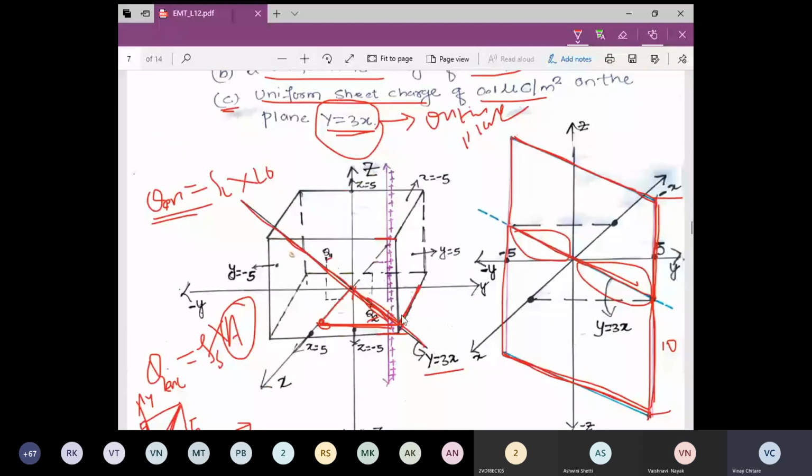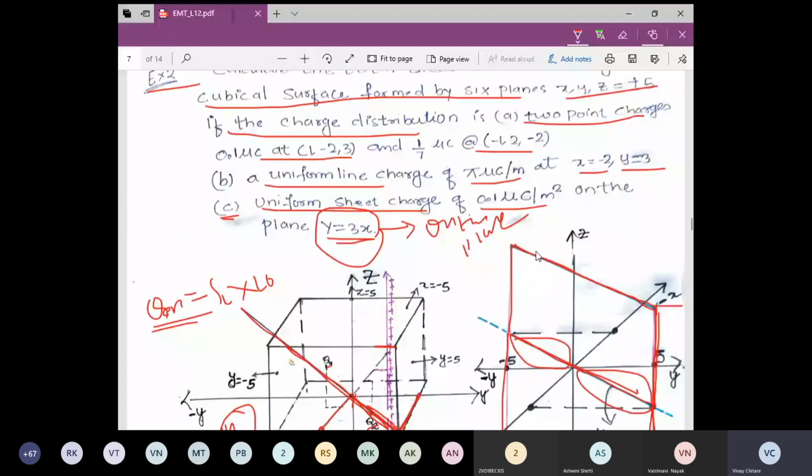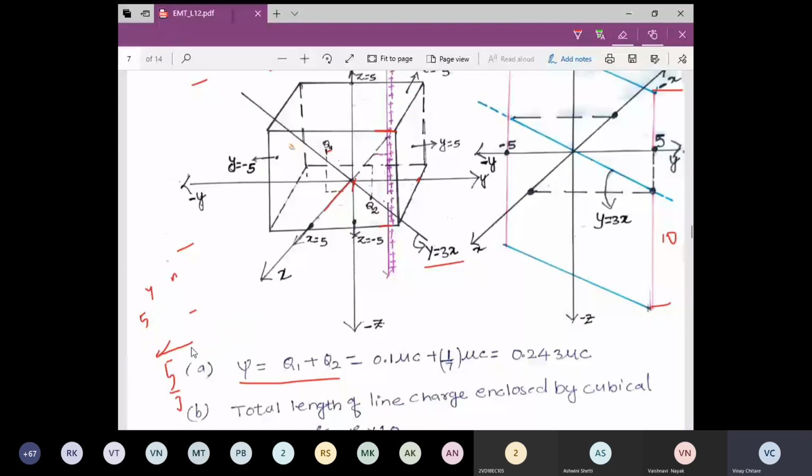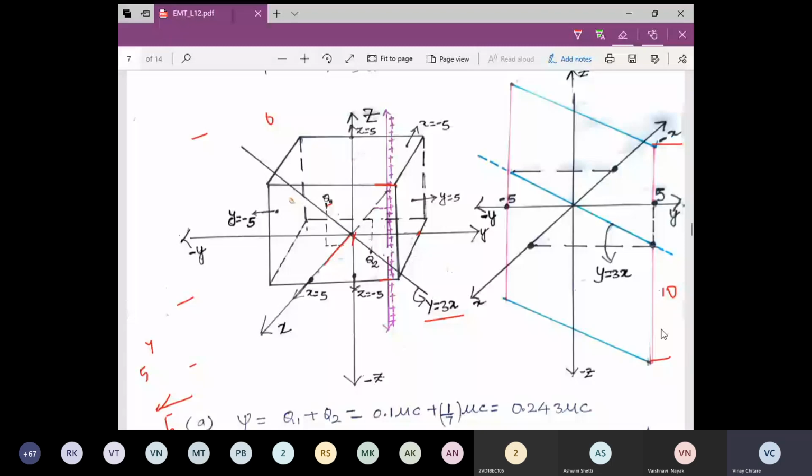So this problem was not given as straightforward as I was telling. What they have given is this plane, and the equation of the line on that plane.